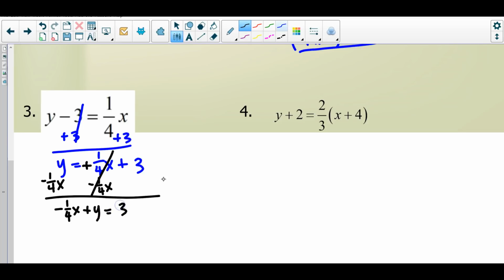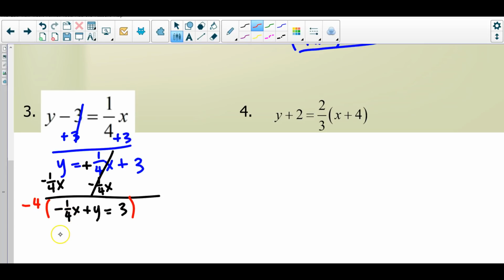Okay, so in this case, right away I'm looking, my x's and y's are on the same side, but I have a fraction, and I notice that my a value is negative. So in order to eliminate both those issues at one time, I'm going to multiply by a negative, so this will make this be positive, and I'm going to multiply by the least common multiple in my denominator to get rid of the fraction.